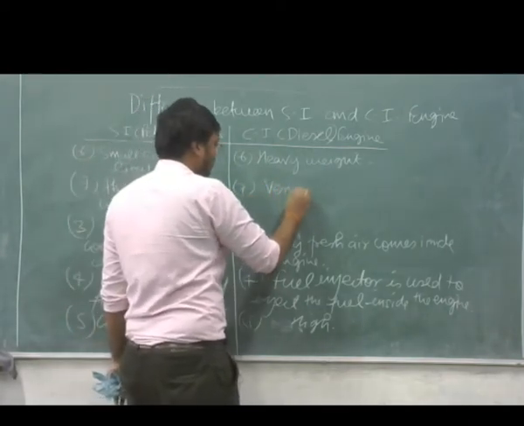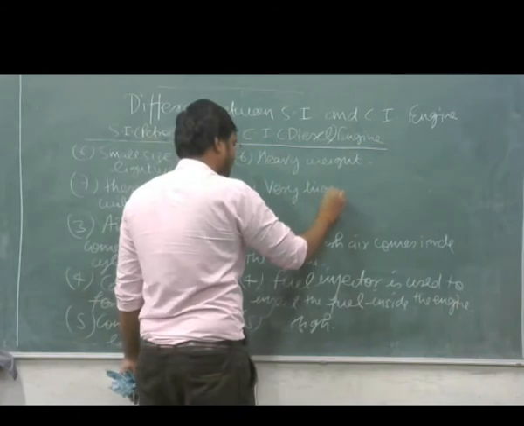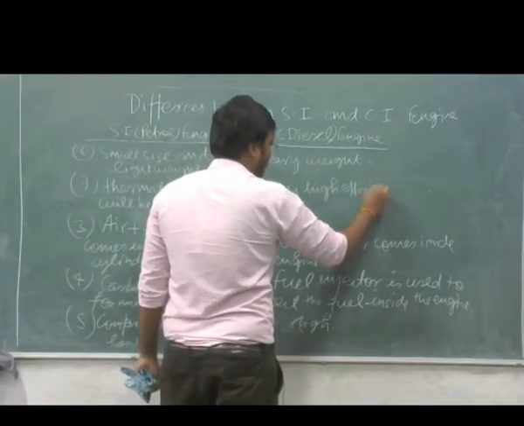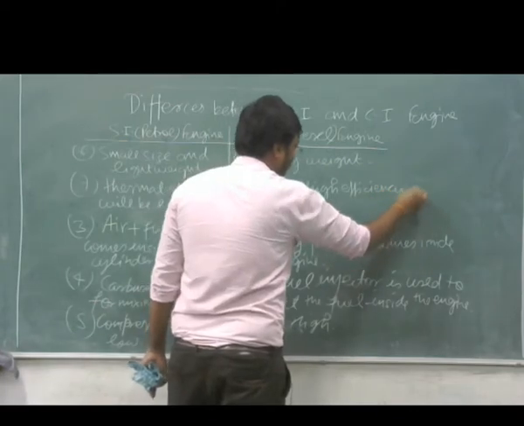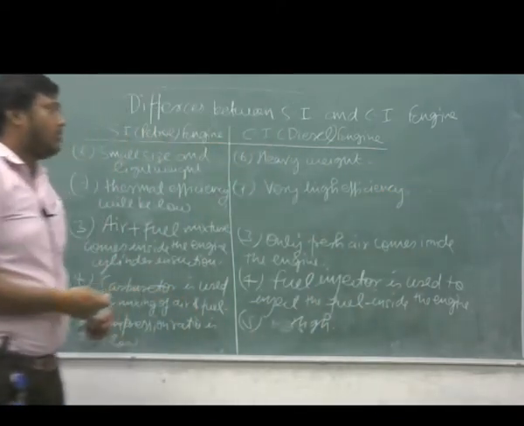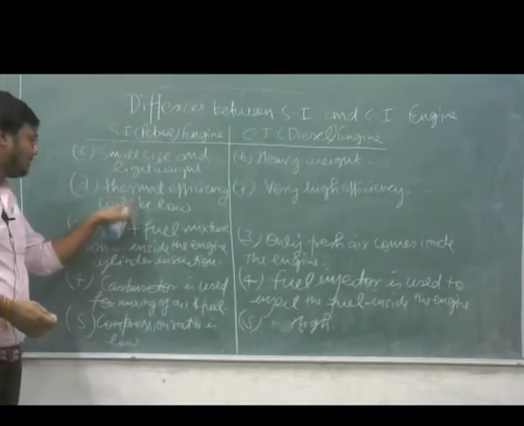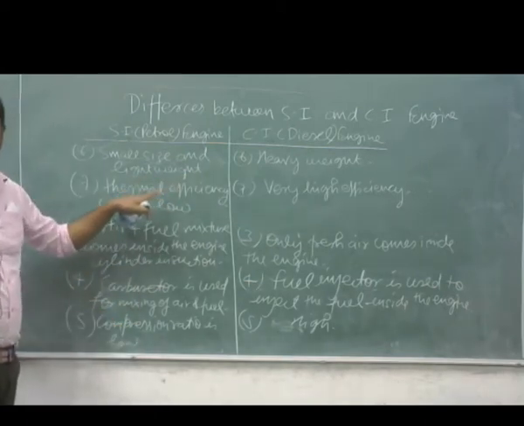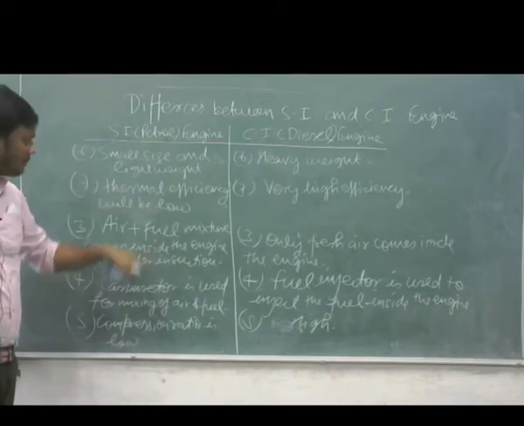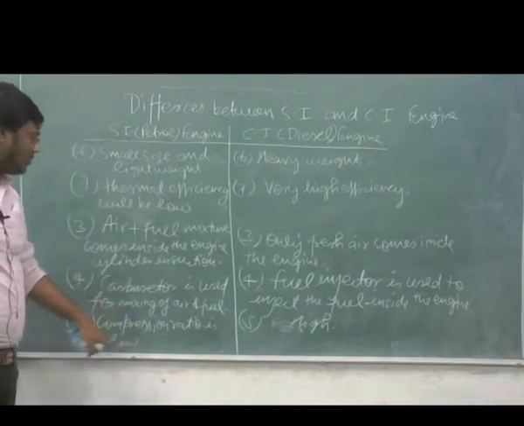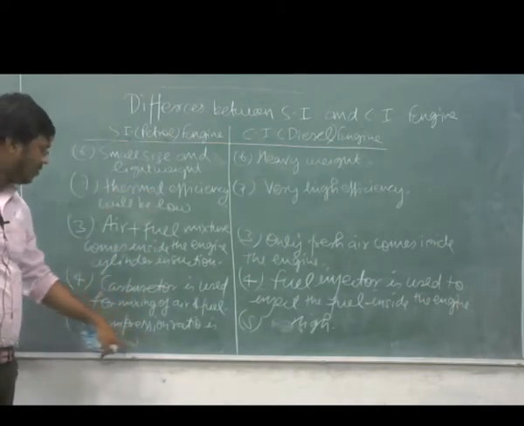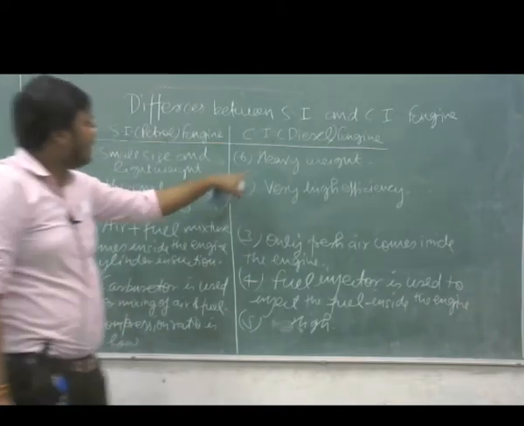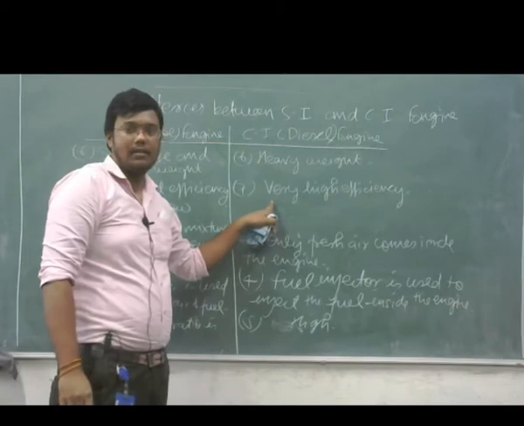Thermal efficiency is related with the compression ratio. We will see in the formula of thermal efficiency how it is related with the compression ratio. So as the compression ratio is low, the thermal efficiency of the SI engine will be low, but here the thermal efficiency will be very high.